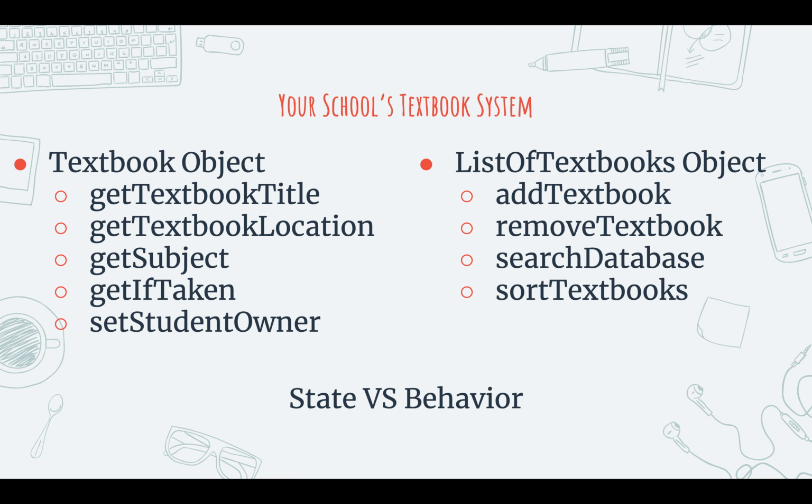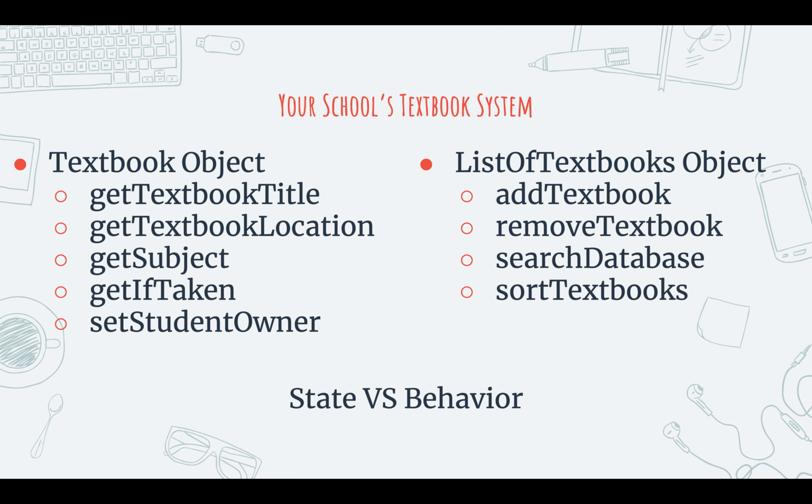So if we want to check our textbook from our school system, we can easily get the title, and we can easily track the location. If we want to know what subject it belongs to or where in the school it belongs, we have an operation that allows us to get the subject of the book. We can see whether or not it's taken. Most likely it's going to be a true or false variable with a Boolean expression. And then we can set a student owner or even get a student owner.